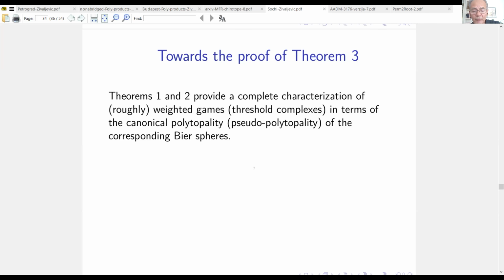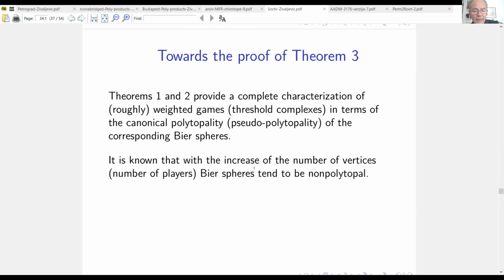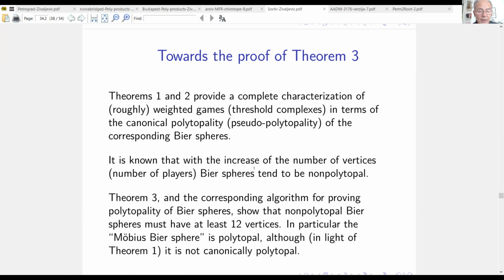So theorems 1 and 2 provide complete characterizations. And as I already mentioned, if we increase the number of vertices, non-polytopal spheres should emerge. And our theorem says that it does not happen: there are no non-polytopal Bier spheres up to 11 vertices.